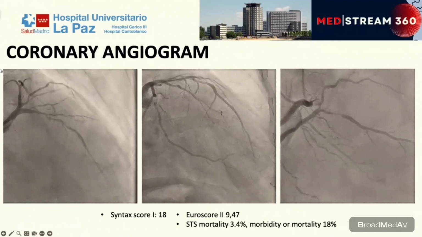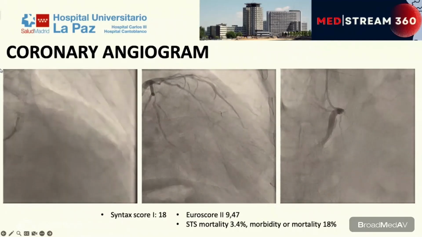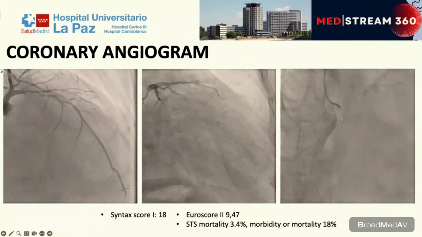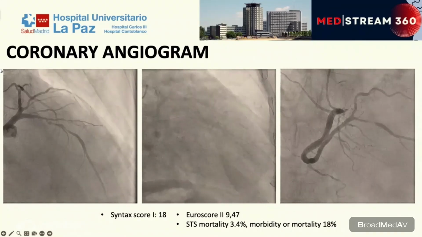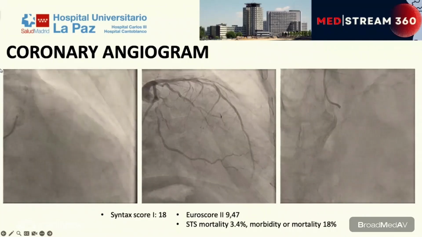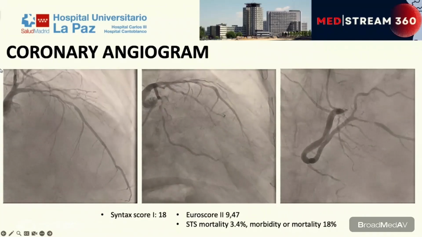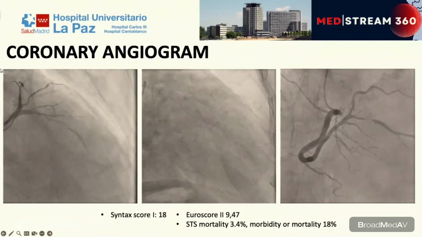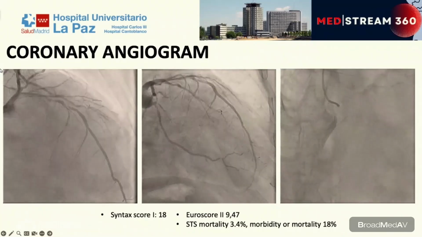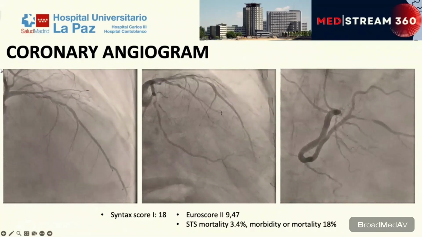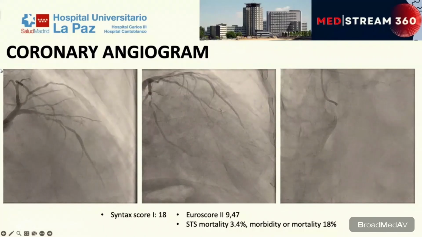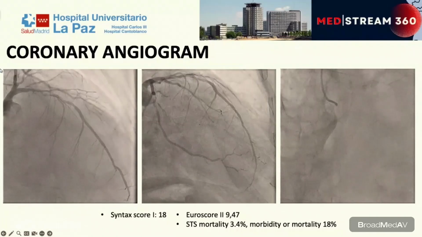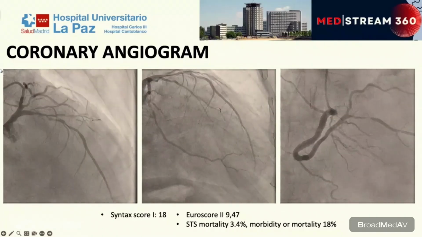We also see that the right artery has disease in the posterior descending artery. The SYNTAX score was low, about 18 points, but the EuroSCORE and the STS mortality risk score are very high, about 18% of risk, and that's why we are going to do the revascularization by percutaneous revascularization.